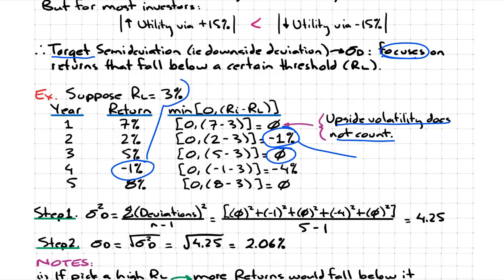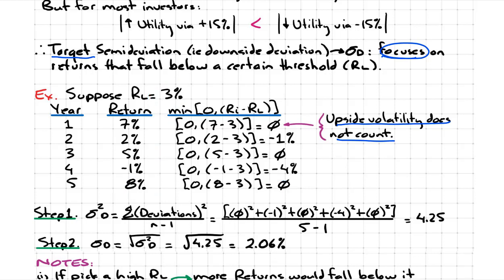Well, that is definitely below 3. How much lower than 3? Minus 4. So the way to look at it is a negative 1% return is minus 4% below the target. And then finally, in year 5, we had a return of 8%. Since this is above the target, it doesn't count, so it's just 0.